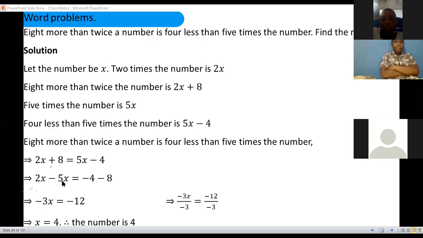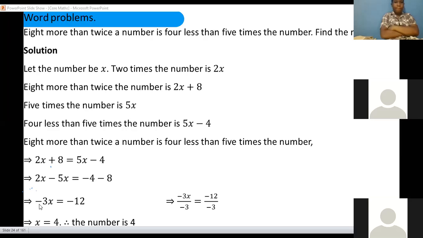Then after grouping like terms, we simplify. 2x minus 5x will give us minus 3x is equal to minus 4 minus 8 is minus 12. Then please be mindful. We said when we are finding the value of a variable, that means we want the variable to have the coefficient of positive 1.